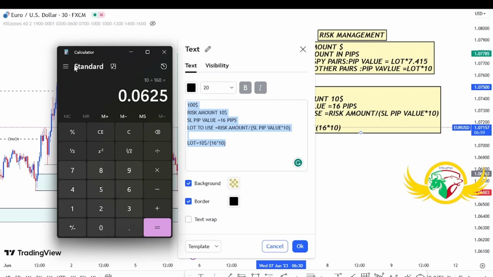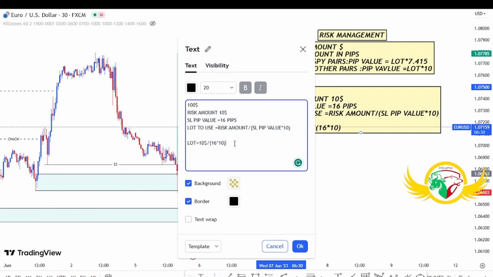Now we have 0.06 and so on. Because we have two decimal places, this is the lot size. On lot size, we just use these two decimals. It's up to you to round up or round down. But if you don't want to lose more than $10, you can use 0.06.